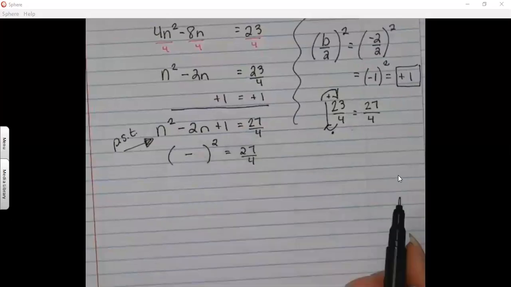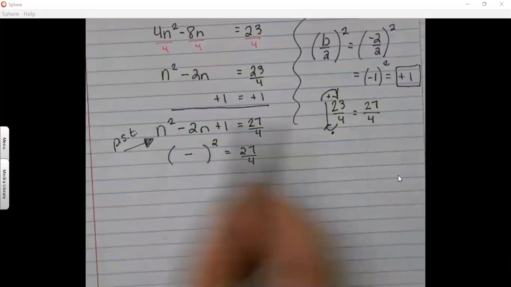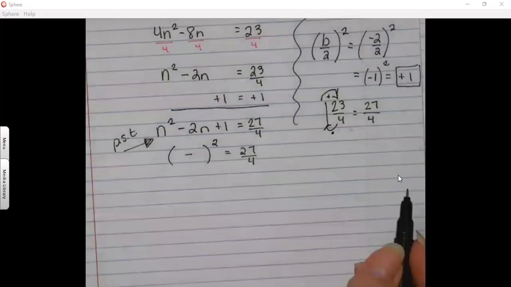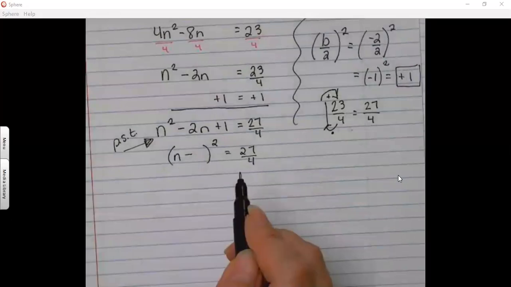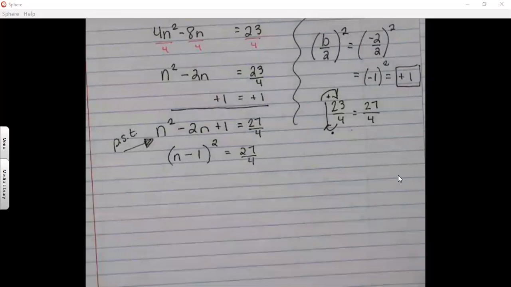Your first term is the square root of the first term, which is what? N. Your last term is the square root of the last term, which is what? Easy peasy. We good with that? Okay. Got my color coordinating again.